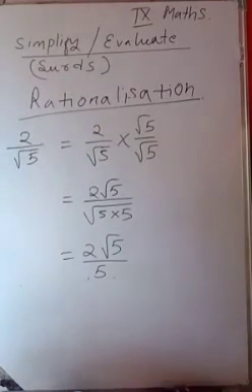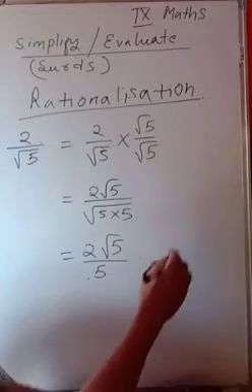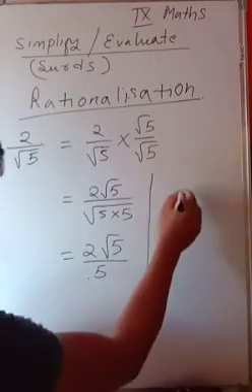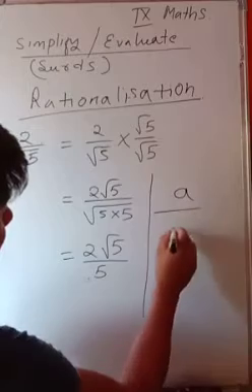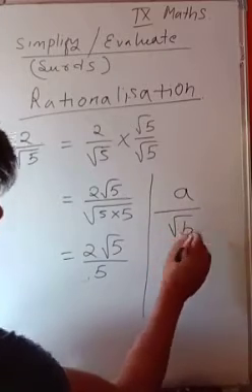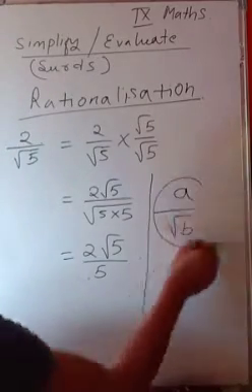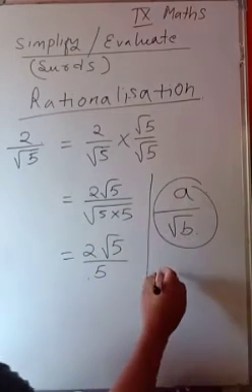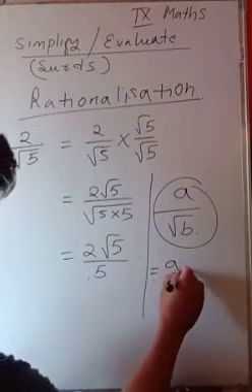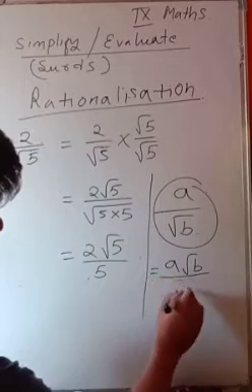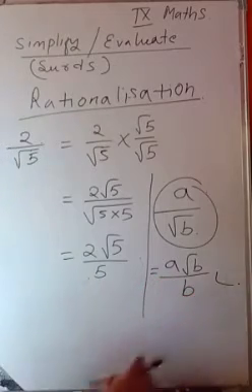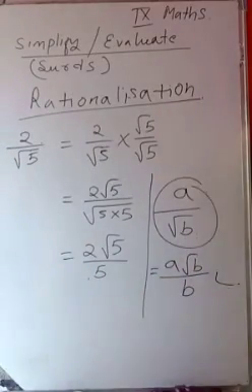If you say it in the form of a formula, it looks like this. If there is a divided by root b, then a by root b is equal to a root b by b. This is like a formula. Clear?